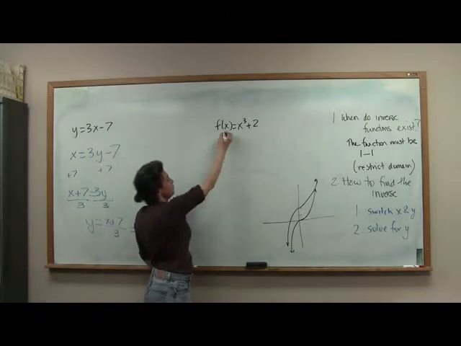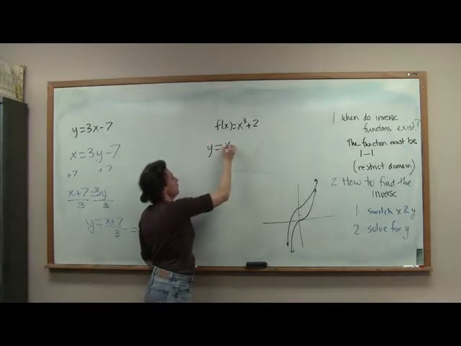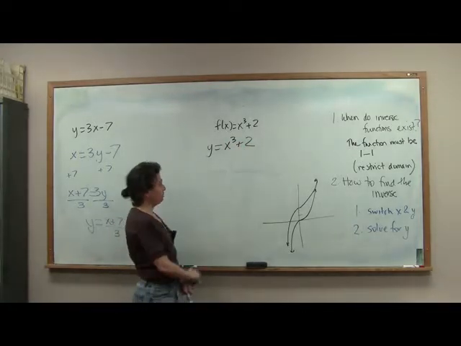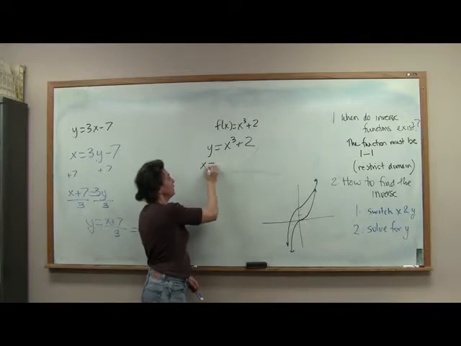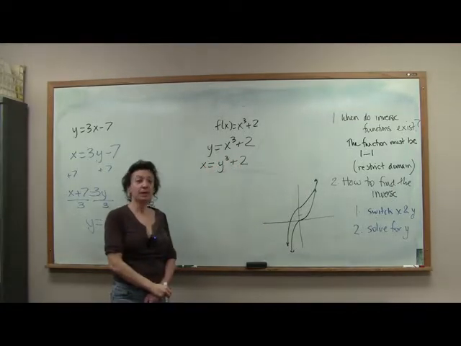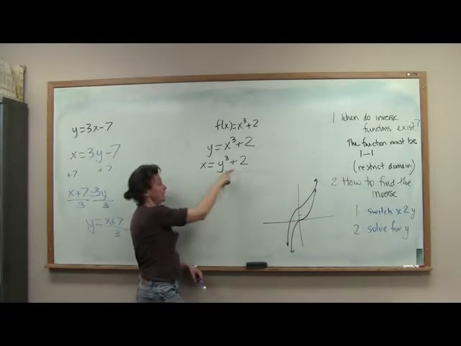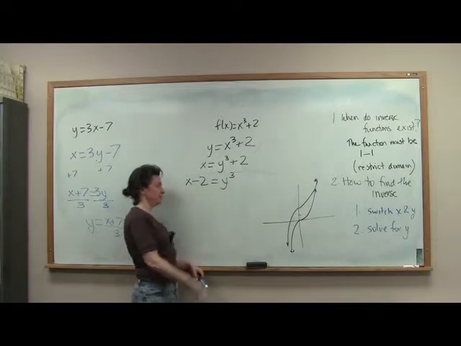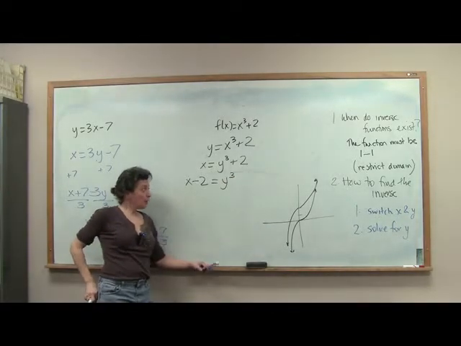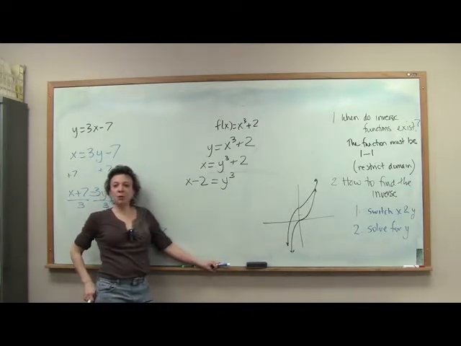First thing that I would do is, in place of f of x, I would write y. My next step is to switch my x and y. So I get x is y cubed plus 2. And now I solve for y. First thing I would do is subtract 2. So I have x minus 2 is y cubed. Now, we don't want y cubed, we want y.